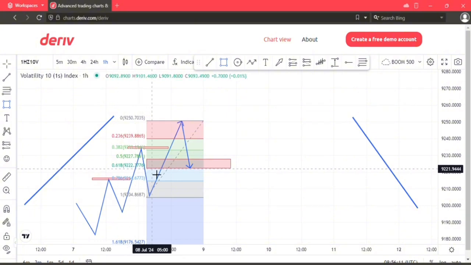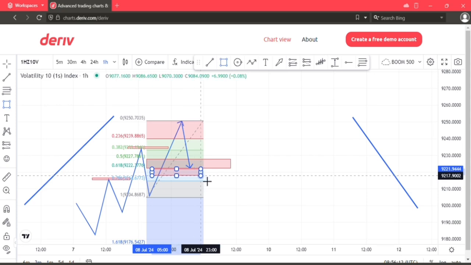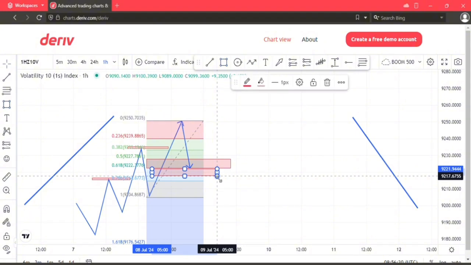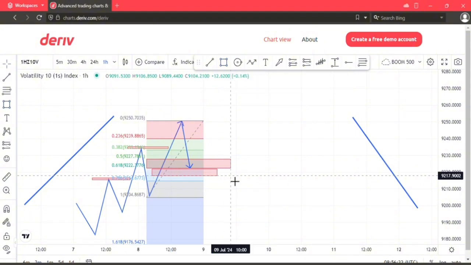Maybe getting an order block is very hard for you. So with Fibonacci retracement, you will be able to identify your fair value gap and order block below the 0.18 for a valid entry.